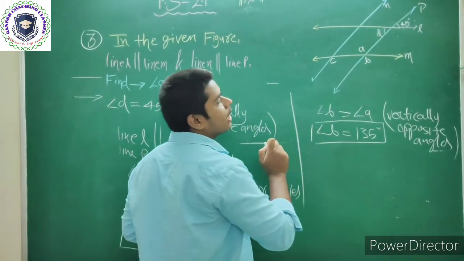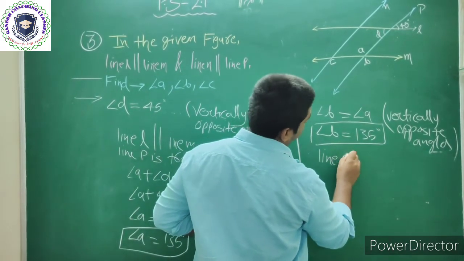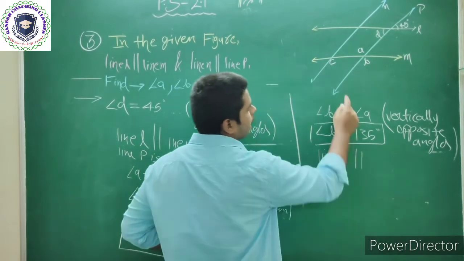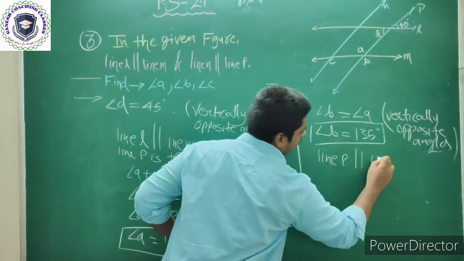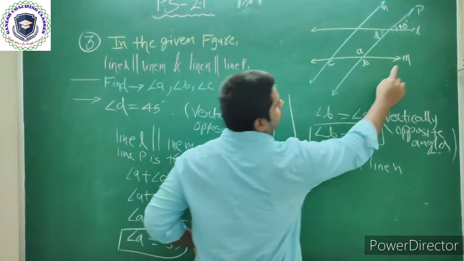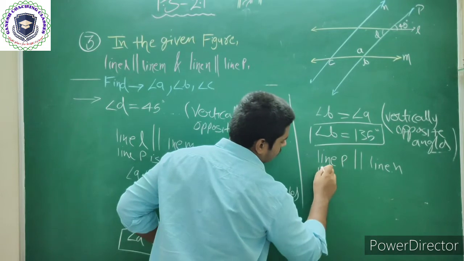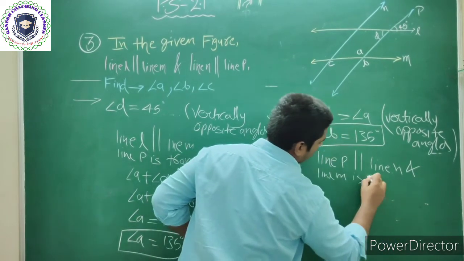So before that we have to write the statement that line P is parallel to line N. Okay, and which line is transversal here? M. So line M is transversal.